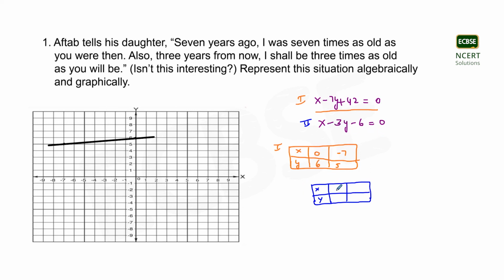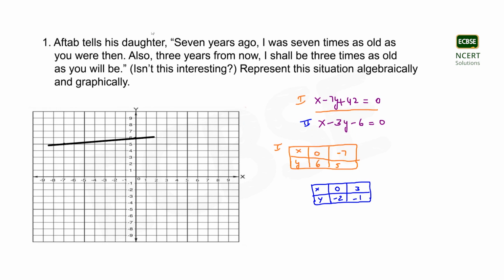Now let us take the value of x to be 0. Putting x equal to 0 in equation 2, the value of y comes out to be minus 2. Now if x is 3, then y on putting x equal to 3 in equation 2 comes out to be minus 1.